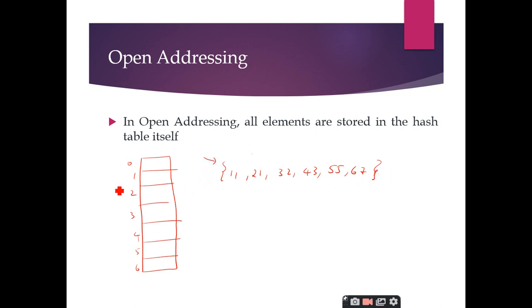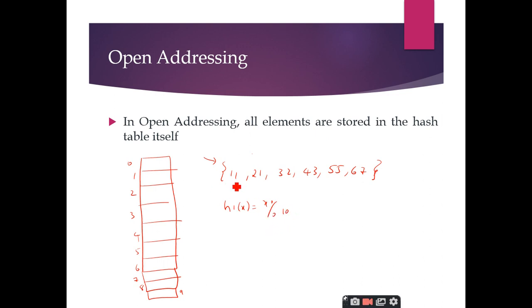These are the set of values, and what is the size of the hash table I have taken? Not 9, let us take it as 10, right? So the hash function I am using is simply x modulo the table size, which is 10, right?